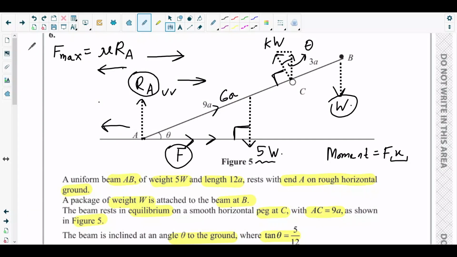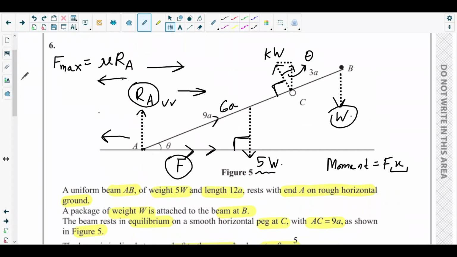Now we have to consider the friction, right? Fmax equals mu R. We got the value for reaction at A. Now we have to consider the forces horizontally to consider the friction, right? Because friction is acting horizontally, friction has no component along the vertical direction.